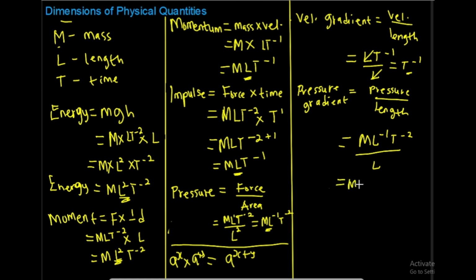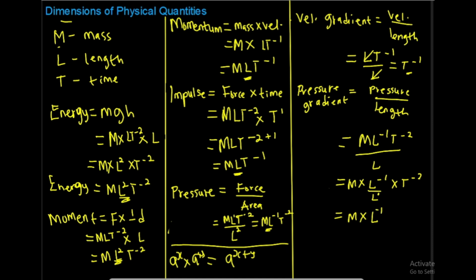This is M times L^-1 over L, then we have times T^-2. We take the Ls together. Now this is a negative power and this is a positive power. So that's going to give us M times, since both bases are the same, we'll take one of the bases and subtract the powers.